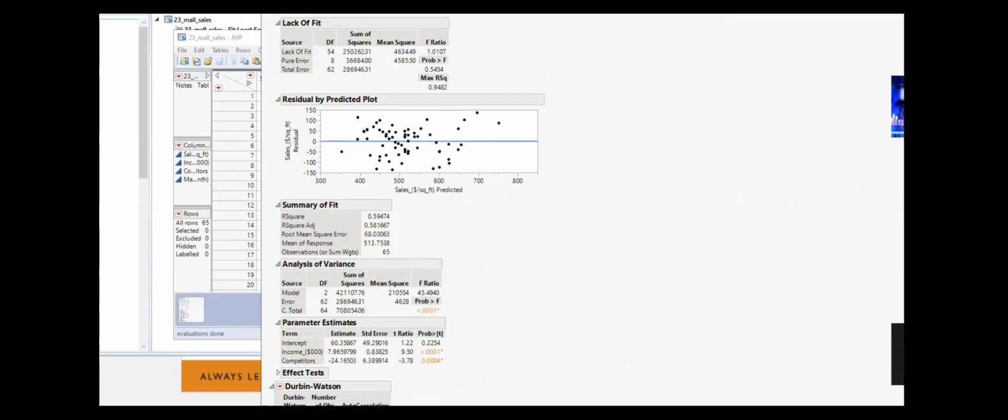If you go down, all you have to do is look at this number, which has to be close to 2. Or if you want to be accurate, check the p-value. The p-value is supposed to be more than 0.05. If the p-value of the Durbin-Watson test is more than 0.05, that means residuals are independent.